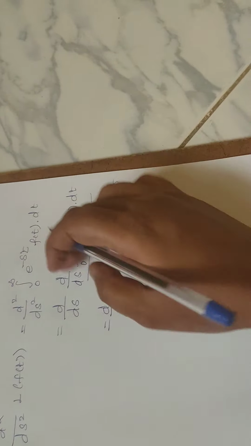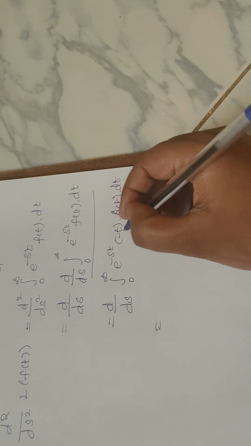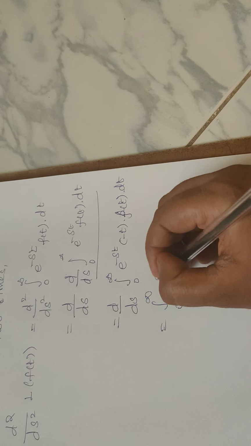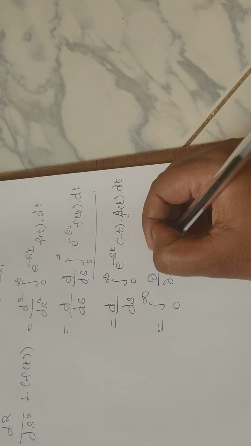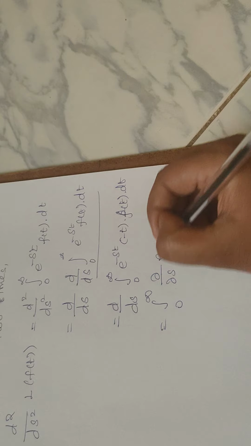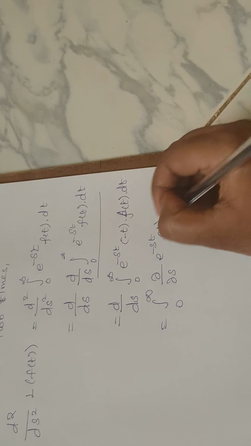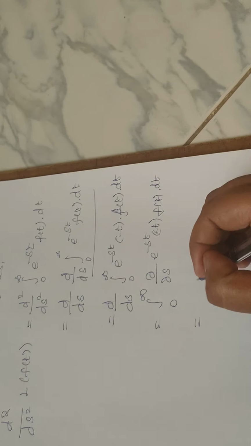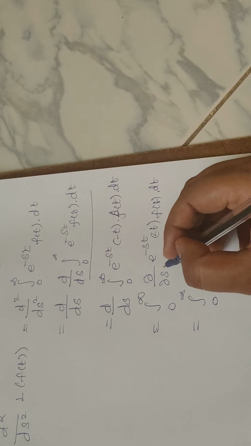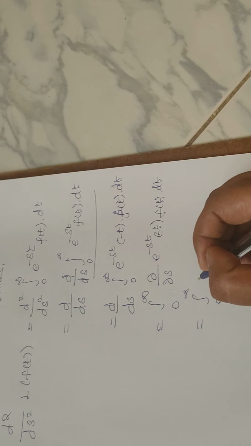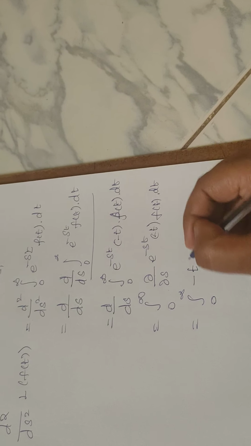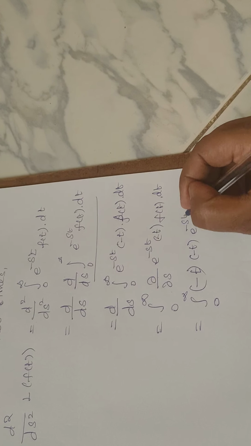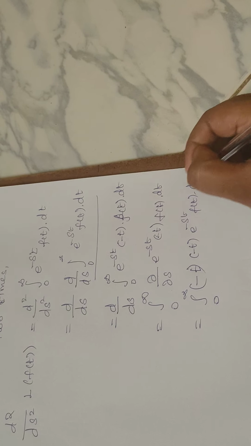Already we have found this result, so I can use it. Applying Leibniz rule, d by ds of e power minus st is again minus t, so minus t times minus t e power minus st f of t dt.